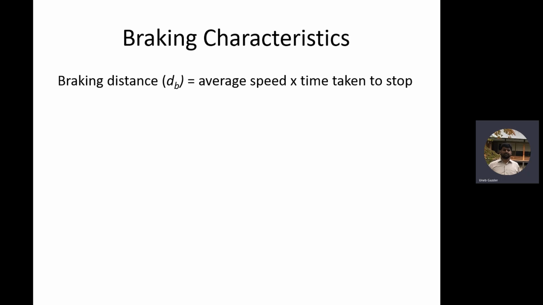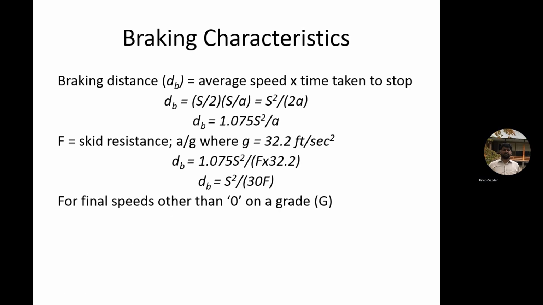So we said average speed is initial plus 0 upon 2, which means initial upon 2, and then we said time is speed upon deceleration in this case. If you put both values, s is the initial speed, so the average of initial plus final is s upon 2, and t is s upon a.